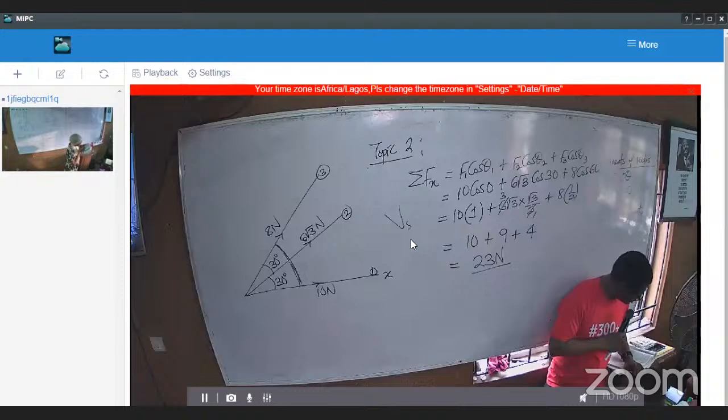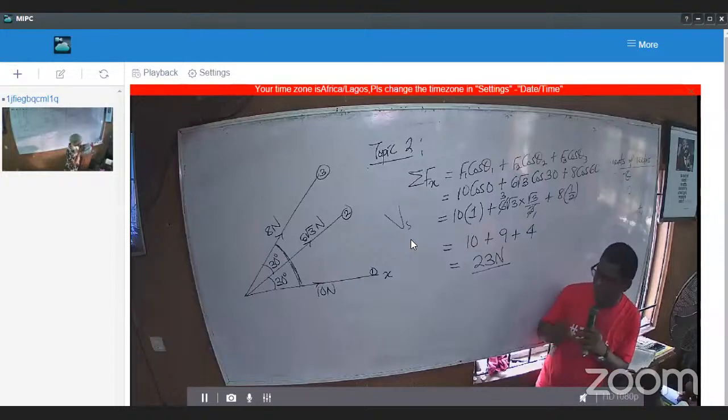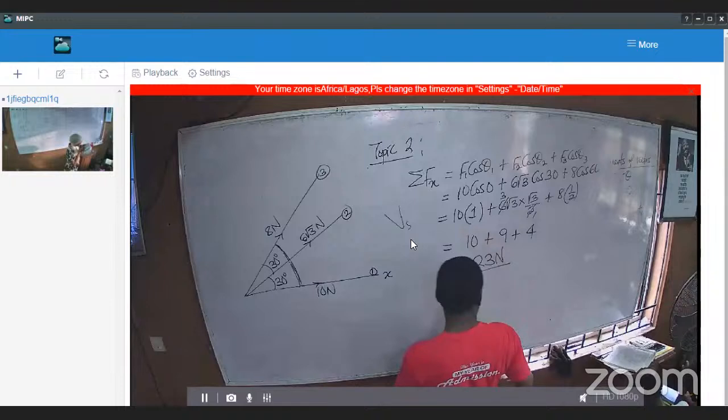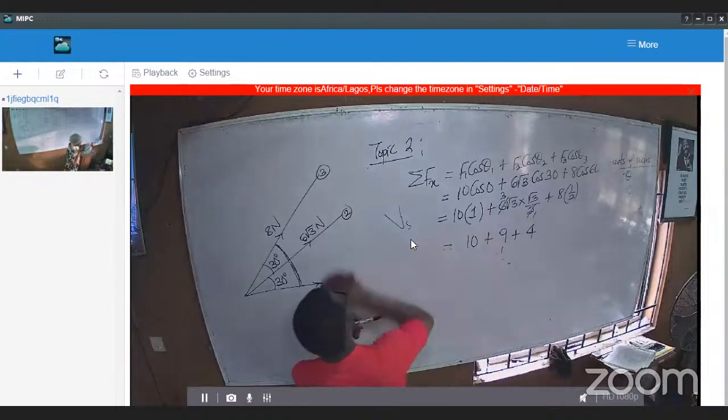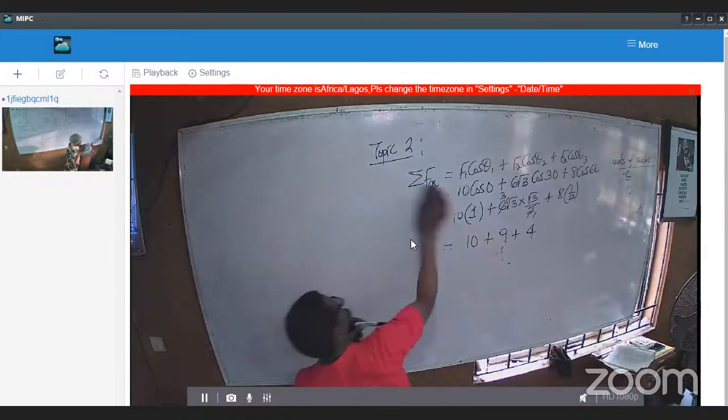Draw a diagram representing the velocity VR of the wind relative to the ship. Look at that. Now we have a diagram like this.